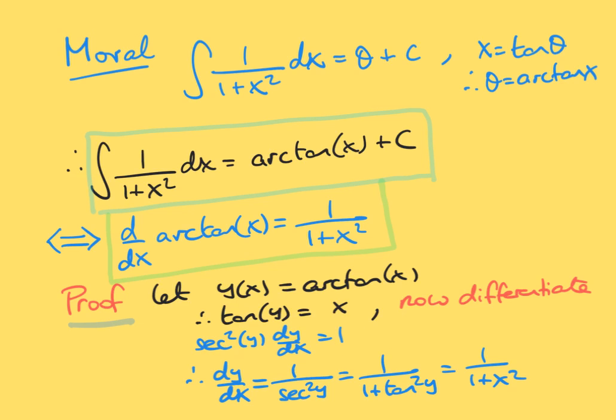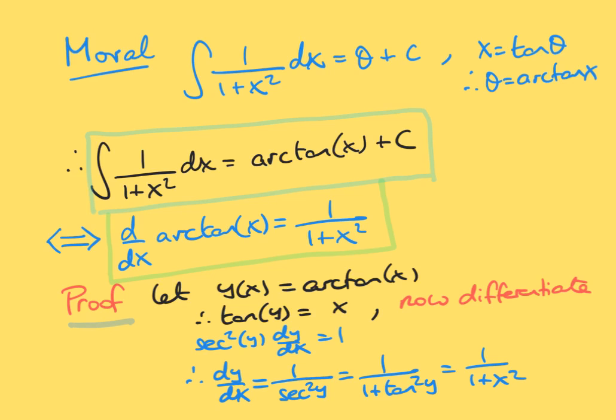We divide both sides by sec squared y, so we get dy/dx is 1 over sec squared y, but we have our identity that sec squared y is 1 plus tan squared y. So we know that tan of y is x, so we obtain that our derivative, the derivative of arctangent, is 1/(1 plus x squared), and that is the proof of that.